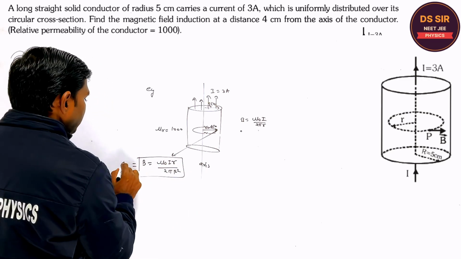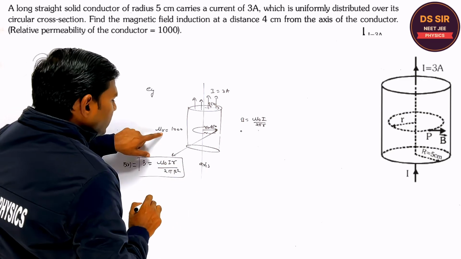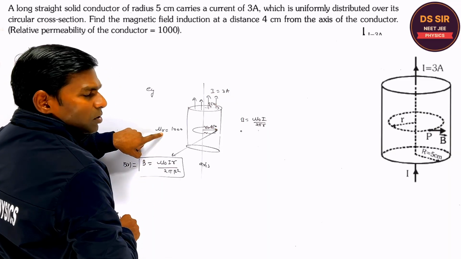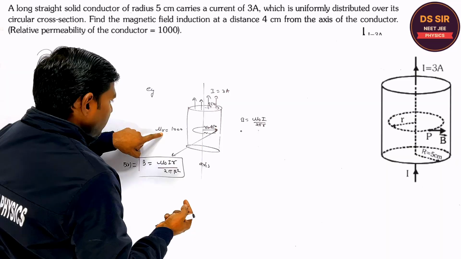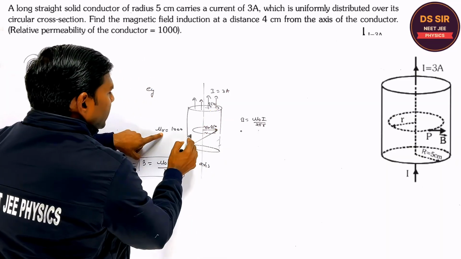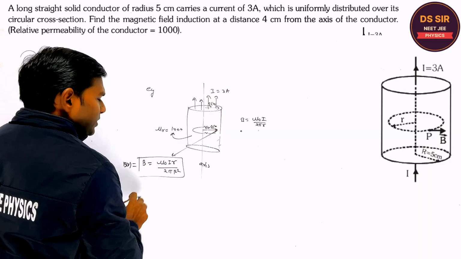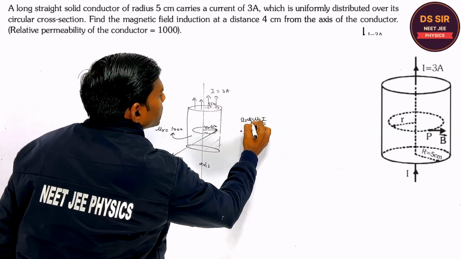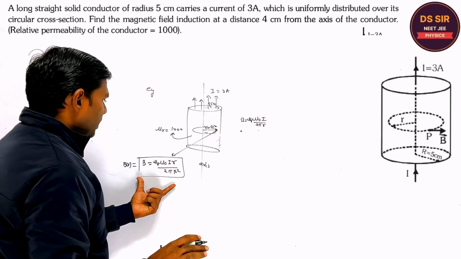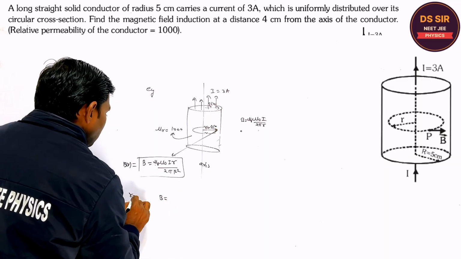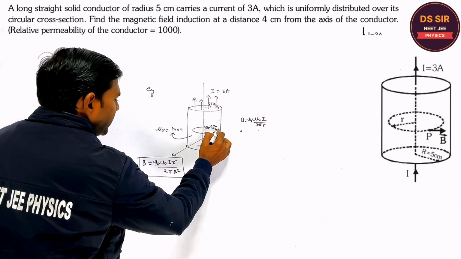It is inside. But here the relative permeability is also given. This formula is for free space. If the magnetic material is some type of material whose relative permeability is mu r, you have to multiply by mu r also. Is it clear? Right. So now we can put the values, B at r equal to 4 centimeter, inside.